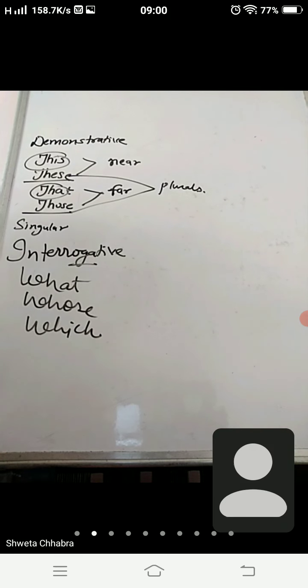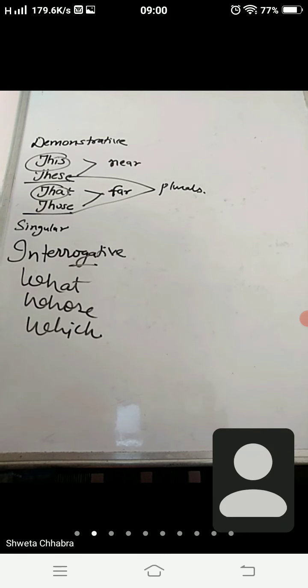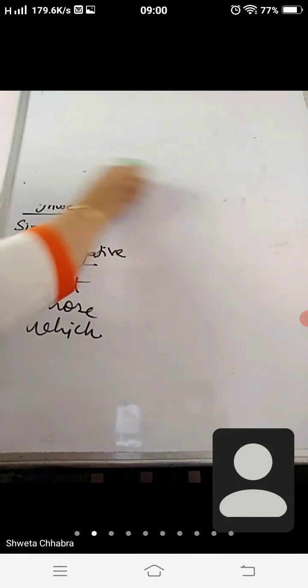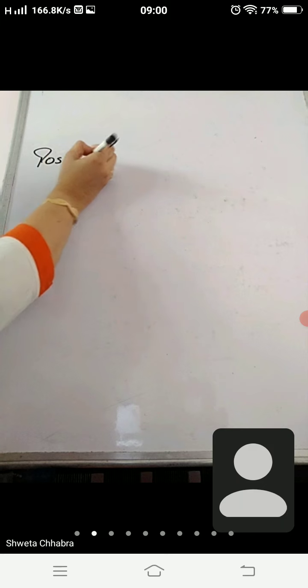In your paper it can be asked to fill in with a suitable determiner, or fill in with an interrogative determiner. So these should be very quick in your mind. Okay, I am taking only a quick revision.